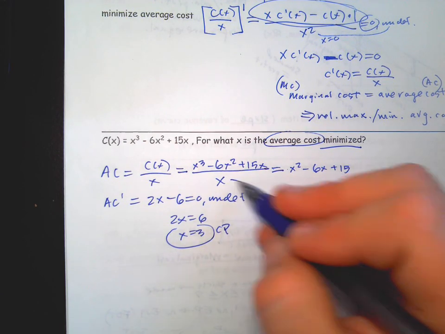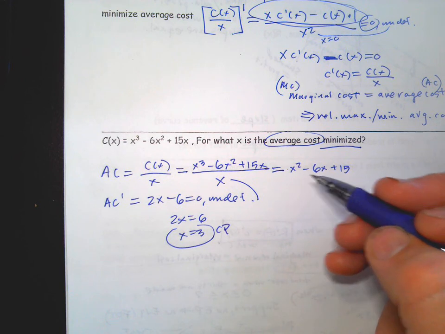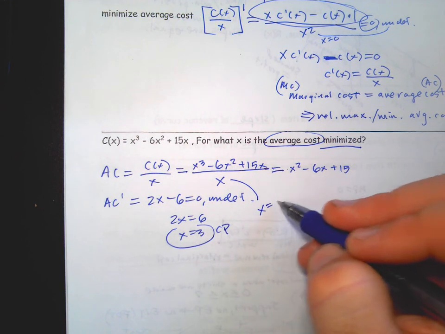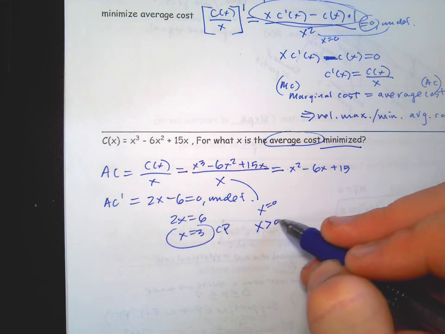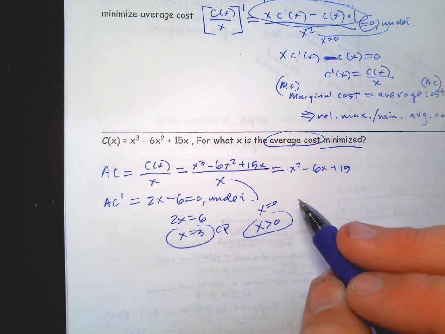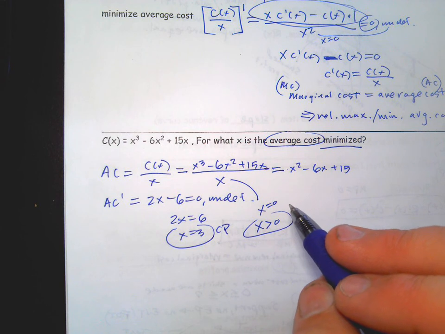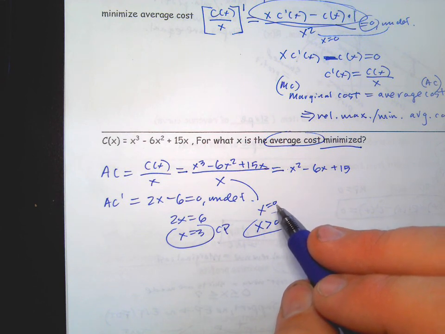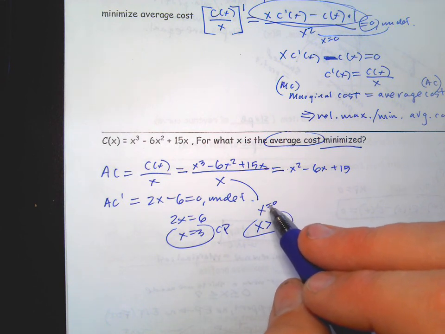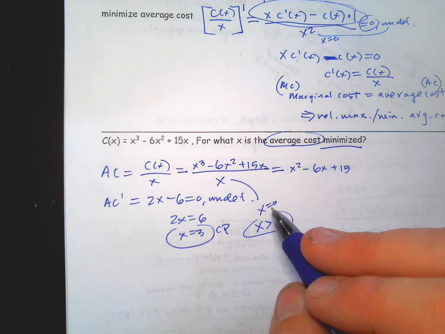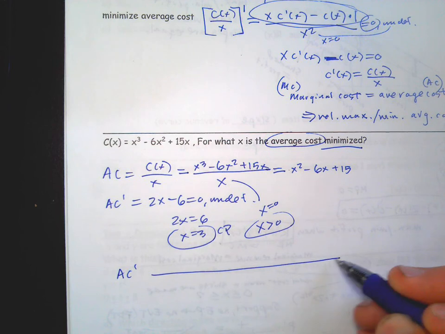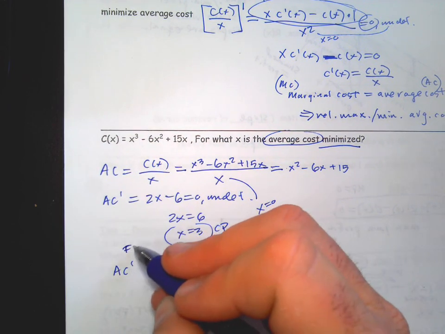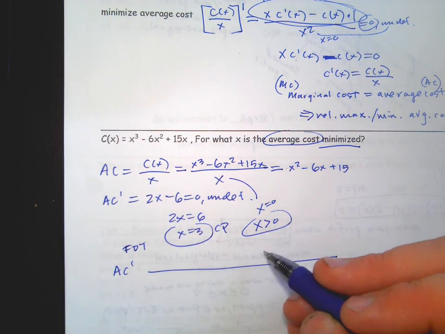x equals 0, technically, is a place where this happens, but that's boring. We're assuming we're going to actually make something and not just create a business that doesn't end up doing anything. So then we could try and justify it. Maybe the first derivative test to help us.